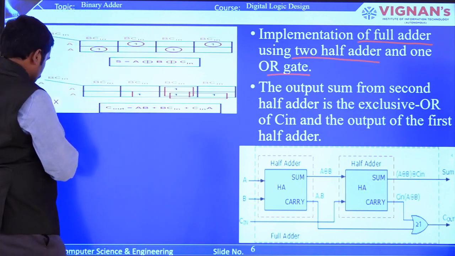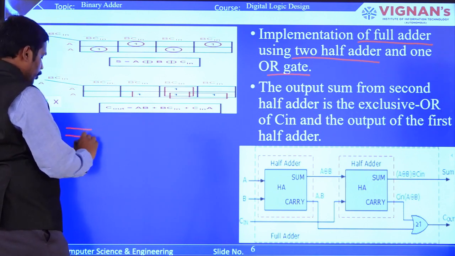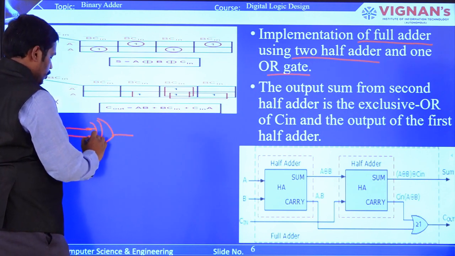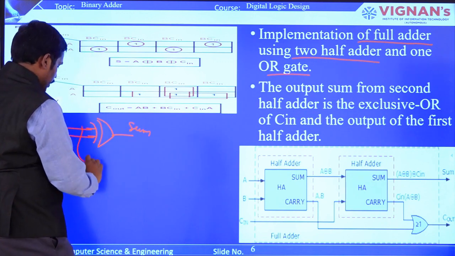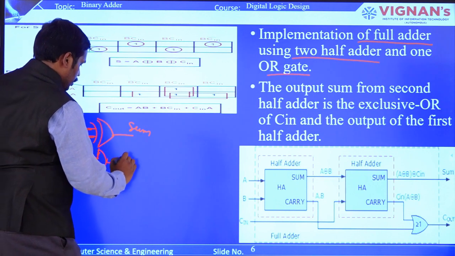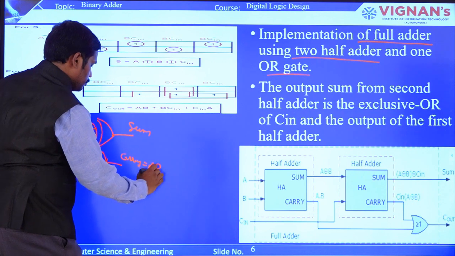here you can see the logic diagram that we have generated for the half adder. You are going to have A, B, and you are going to have an XOR. Hope you remember it. So XOR. So this is how you are going to get sum, and now from here you are going to get carry, which is AB, right?